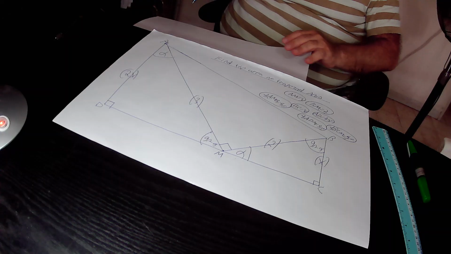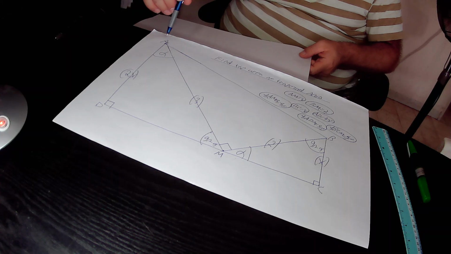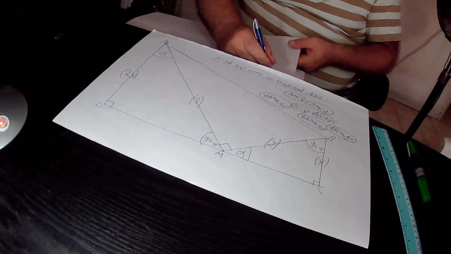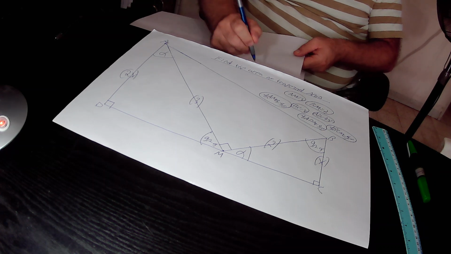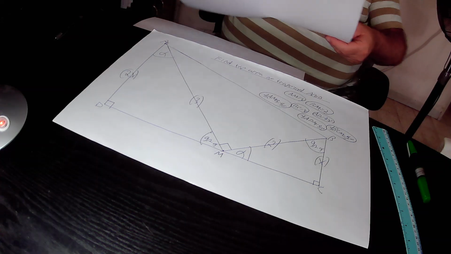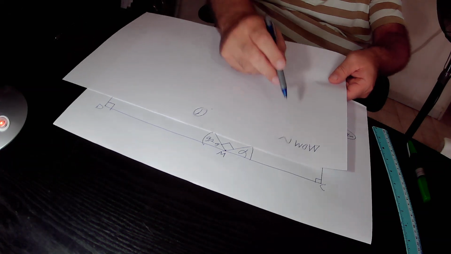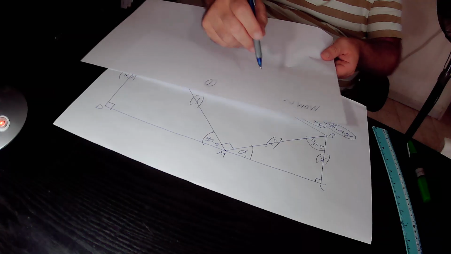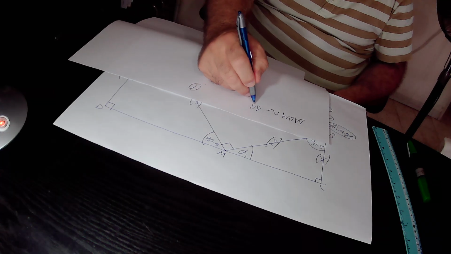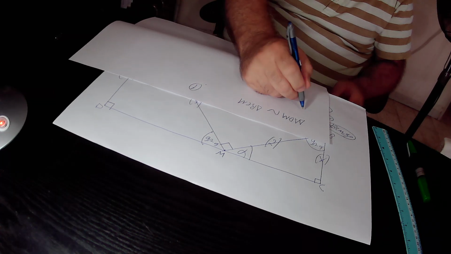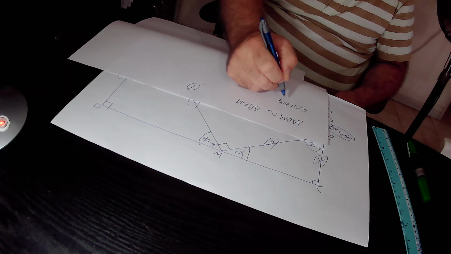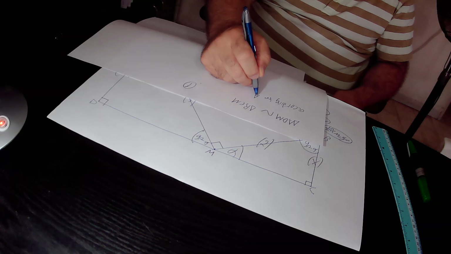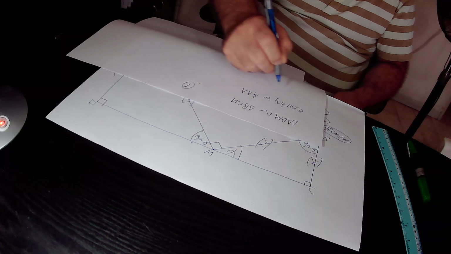You found out that this right big triangle ADM is similar, this is the sign of similar, to this right small triangle BCM according to the angle similarity rule.